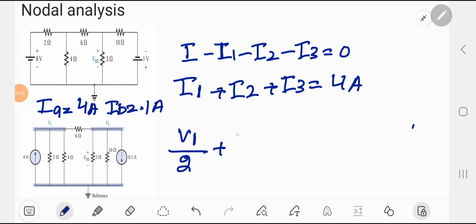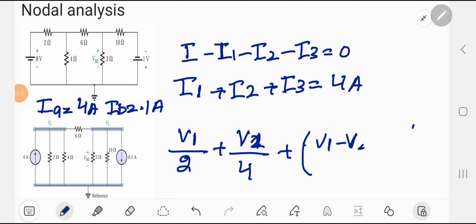I2 is actually equal to V1 divided by 4 ohm resistance, and for I3, it is V1 minus V2 divided by 6 ohm resistance, and the sum is equal to 4 ampere current.